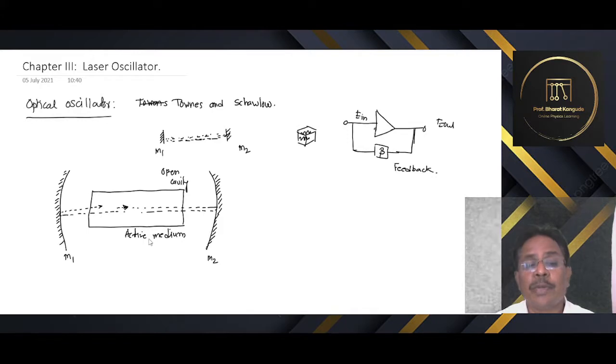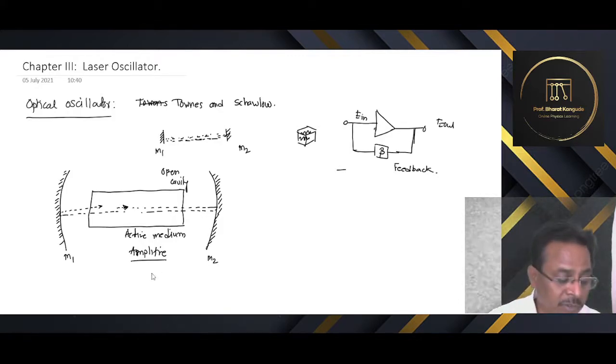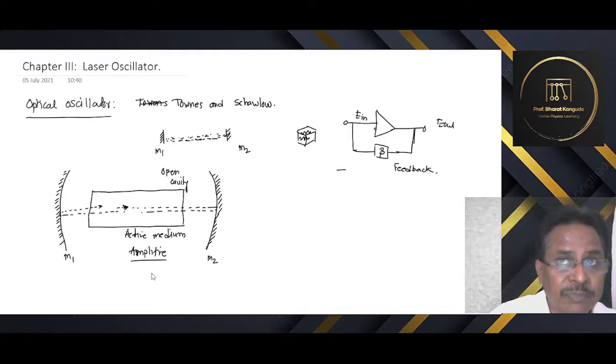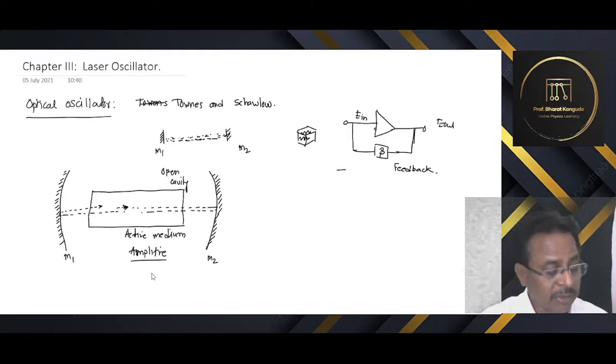That is how amplification is possible in this case, so it is called an amplifier or active medium. What happens in an electronic circuit happens optically in this device, which is called an optical oscillator.